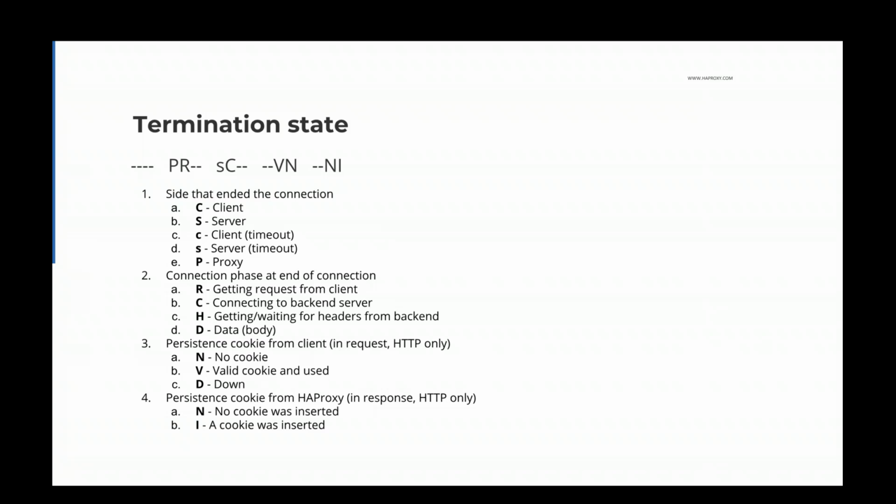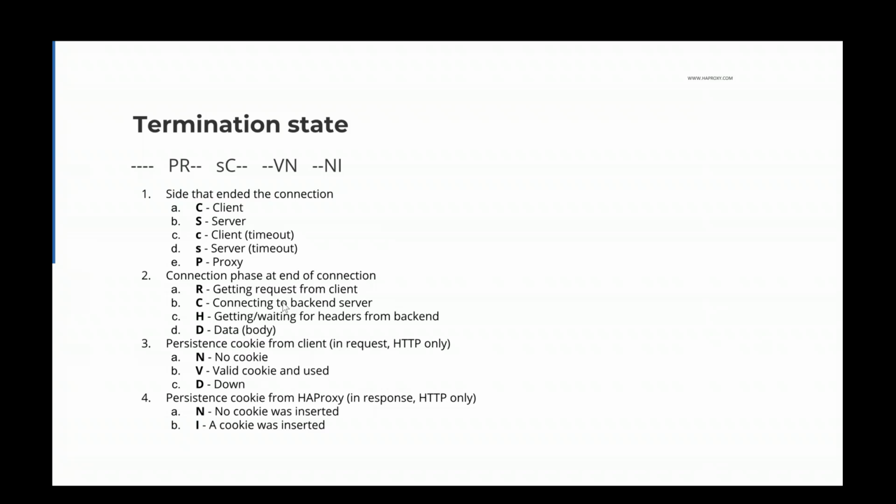And if it is a hyphen, then you know the status code that is displayed in the log file is from the backend server. Even so, if the backend returns a 503 to HAProxy, which returns it to the client, then you would have a hyphen in the termination state field, so you know that HAProxy didn't generate it.